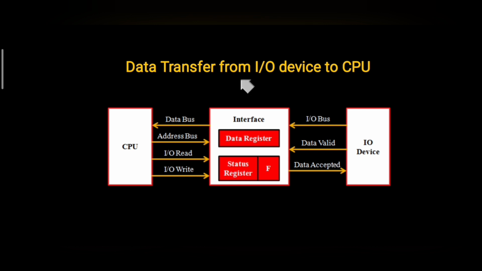So initially your CPU is going to execute a program, and the moment it encounters an instruction related to your I/O operation, it will start executing that instruction by issuing an I/O command to the I/O device. Now basically this I/O command contains the address of the desired I/O device, where each I/O device is given a unique address.